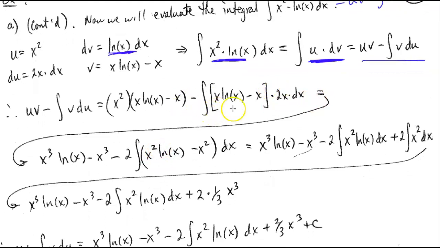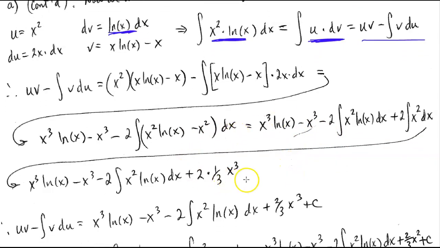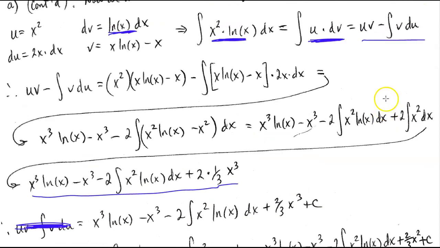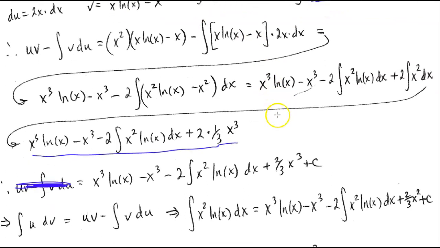Now, as I start to work through this, one of the things that I notice is that, all right, I get to this particular portion here, and so then I clean everything up. And I say that, all right, well, the right-hand side, and I'm going to erase this here and write what I originally had, which was the indefinite integral of x squared times natural log of x dx.